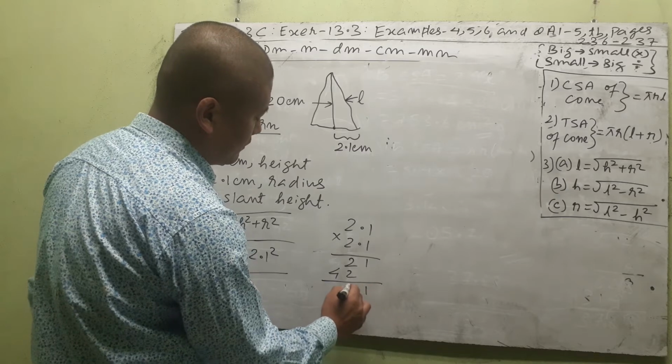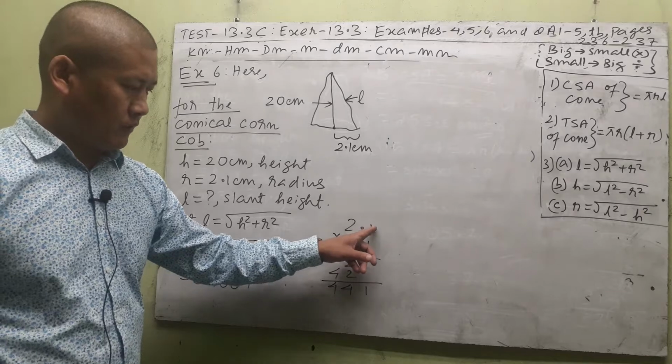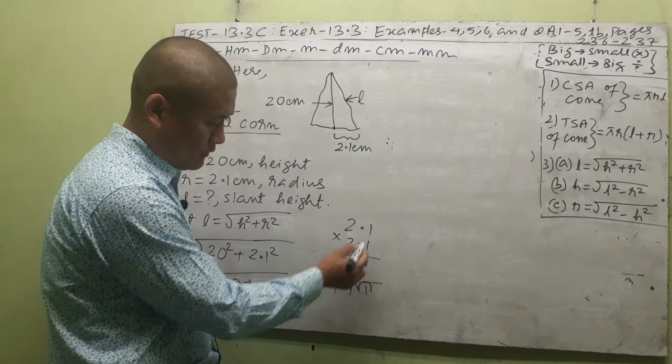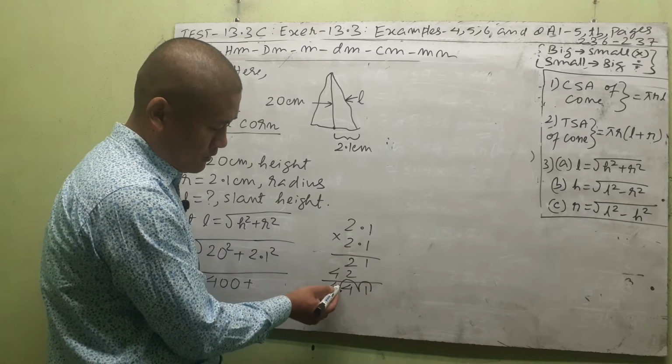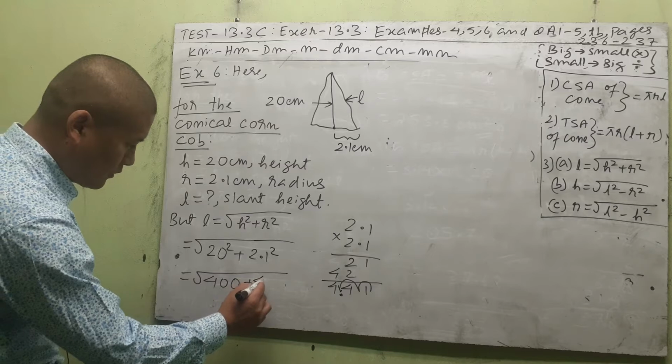So on adding, the sum is 441. On the right of the point there are 2 decimal places, so start from extreme right and go 2 places left. The decimal will come between the 4 and 4, so 4.41.